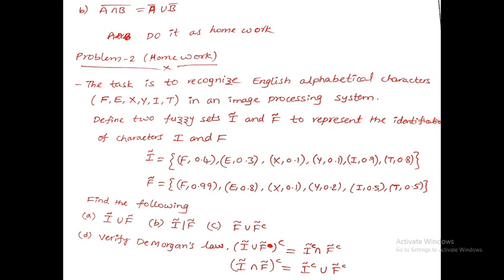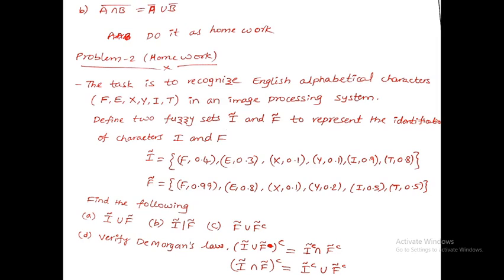The task here is to recognize the English alphabetical characters capital F, E, X, Y, I, T in an image processing system. Define two fuzzy sets. One is I. Here I, that is not I bar, so that is not complement.